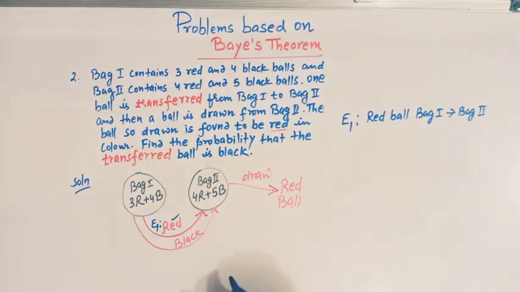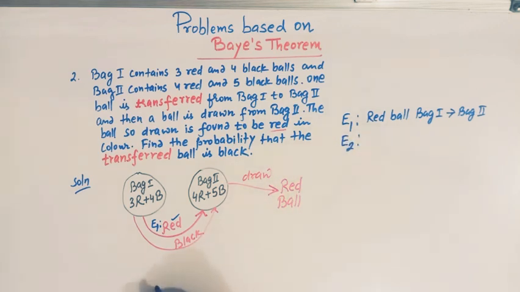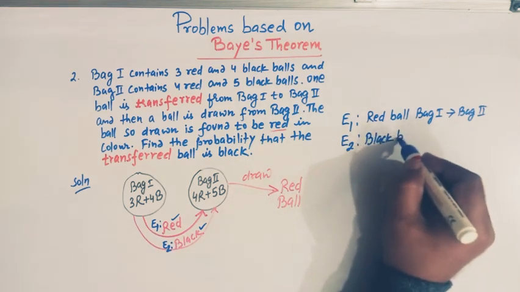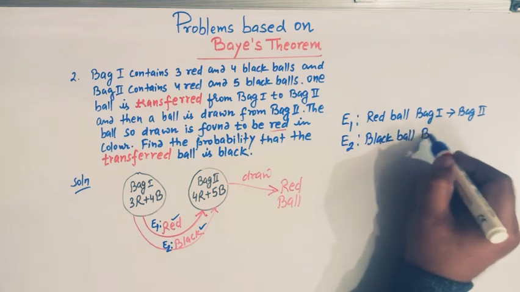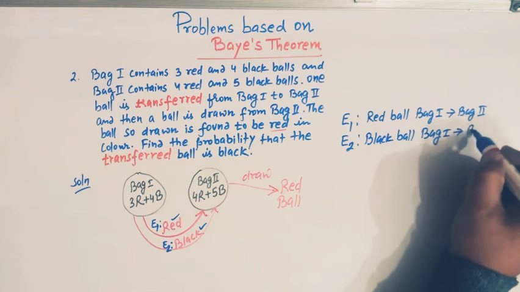Clear? Now let us consider the event E2, and E2 is the event if the transferred ball is of black color. So E2 is the event if a black ball is transferred from bag 1 to bag 2.